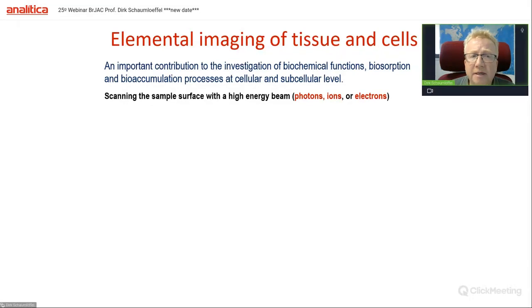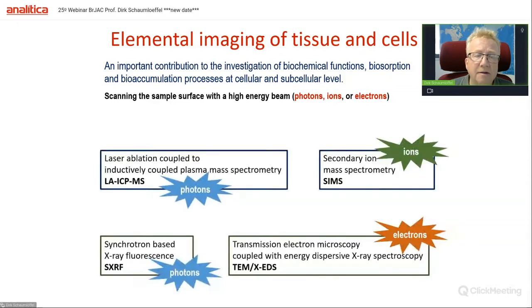In general, it's scanning the sample surface with a high energy beam, photons, ions, or electrons, and then the detection. So here, 4 examples simply. I think all of you may know these examples: laser ablation coupled to inductively coupled plasma mass spectrometry, LA-ICPMS. They use photons, and you are scanning the sample surface.